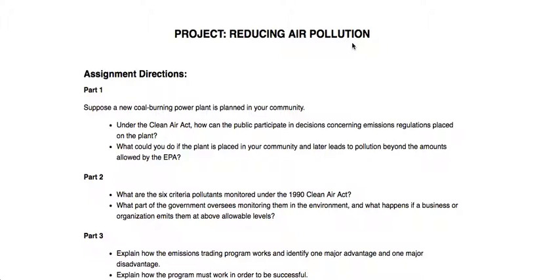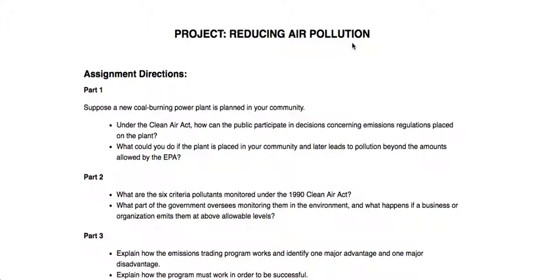In part two, it asks what are the 6 criteria pollutants monitored under the 1990 Clean Air Act, what part of the government oversees the monitoring of them in the environment, and what happens if a business emits them above allowable levels. Again, this is information that can be found in your lesson.